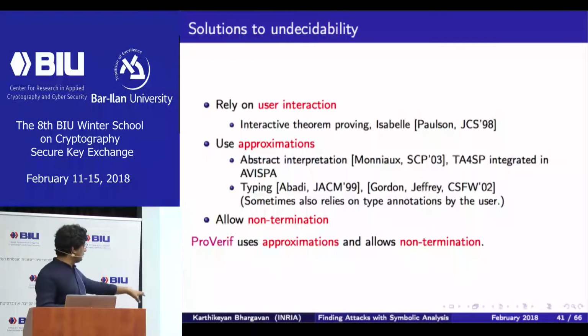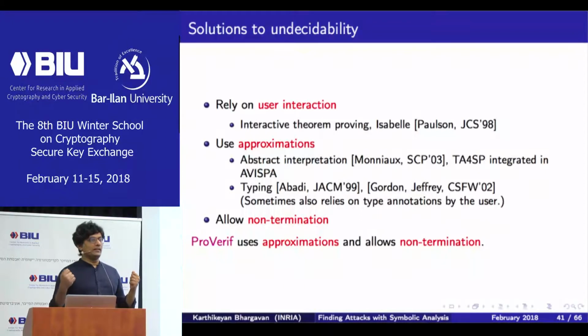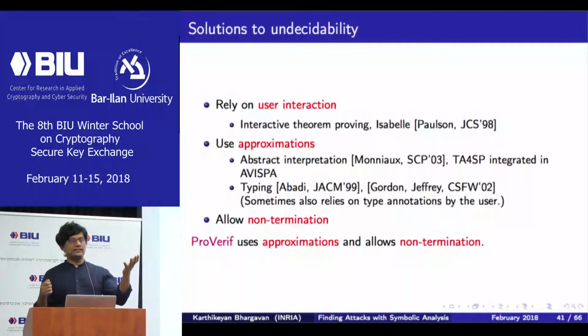So ProVerif, the tool that we will look at, actually uses approximations, but also allows non-termination. What it means is that for the most part, when you analyze the protocol with ProVerif, it will say, yes, there is no attack, or no, there is an attack, and here it is. But it might also just not terminate. It might say, I don't know whether this is secure or insecure.